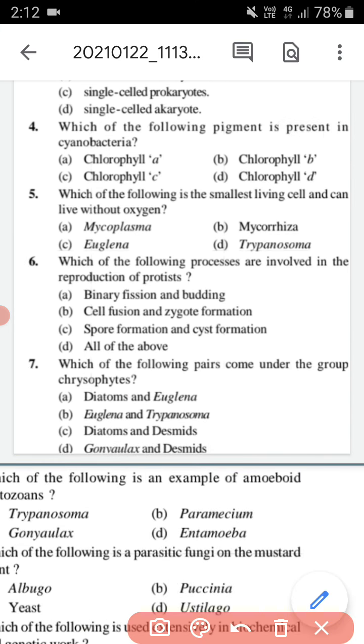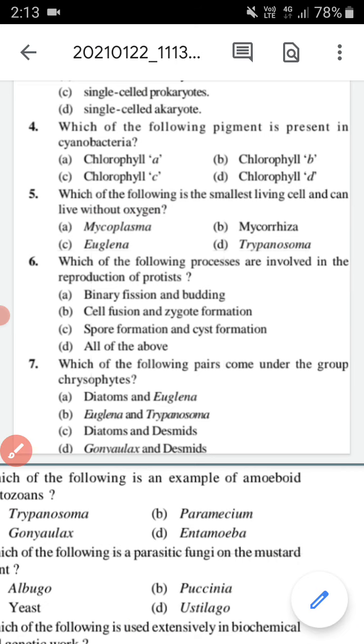Question number 5 is, which of the following is the smallest living cell and can live without oxygen? Four options are mycoplasma, mycorrhiza, euglena, trypanosoma. So the correct option is mycoplasma. Mycoplasma is the smallest living cell that can live without oxygen.